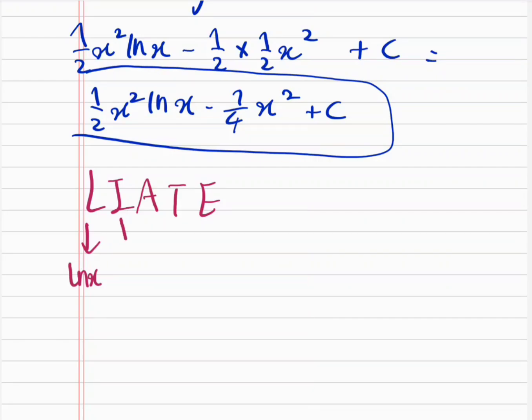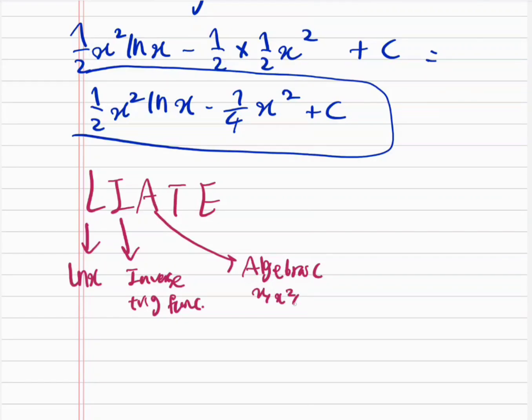I stands for inverse trig functions. A stands for algebraic functions, things such as x, x squared, root x, etc. T stands for trig functions, and finally, E is exponential functions.